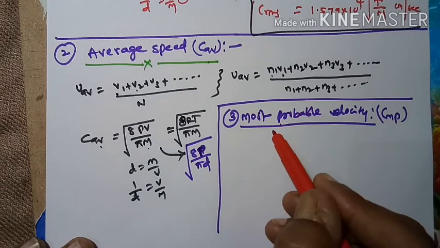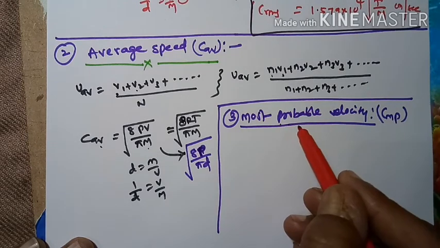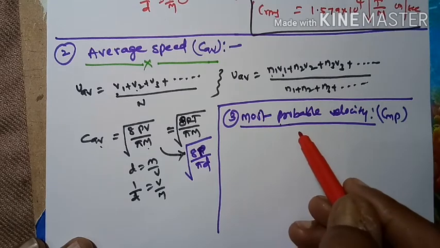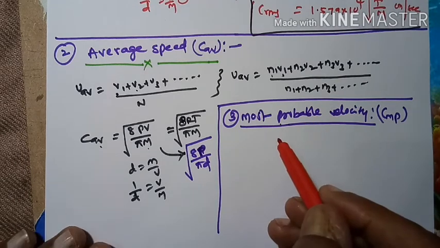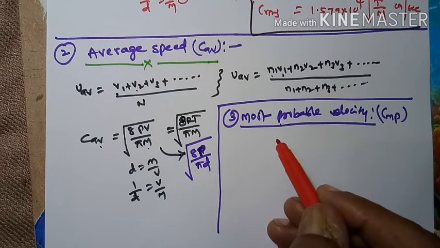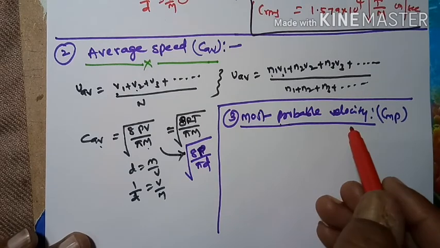The velocity that the larger number of molecules have is called the most probable velocity. It means the velocity contained by the maximum number of molecules.